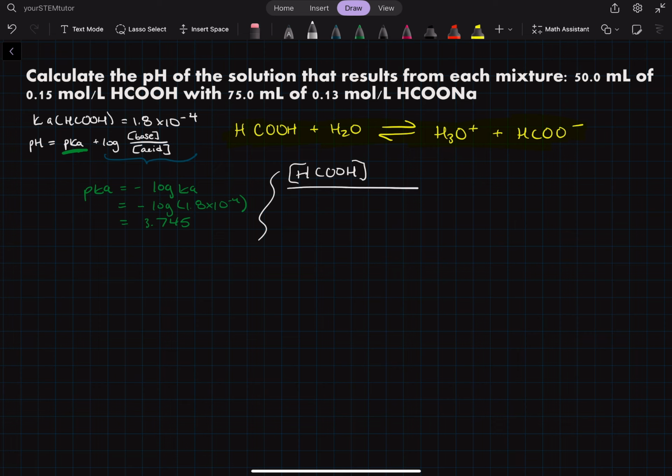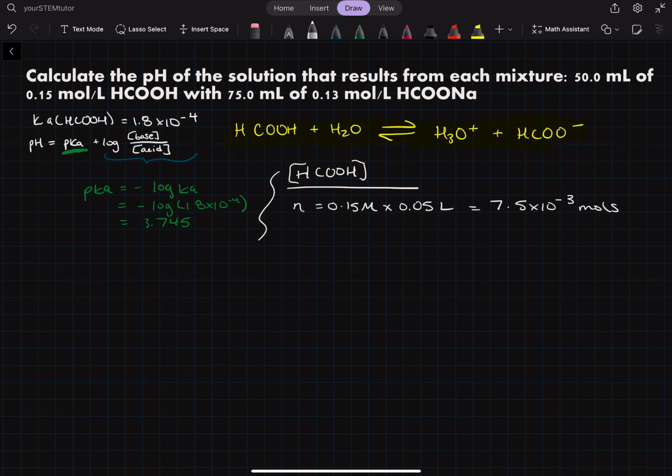So first we're going to calculate the number of moles. Our number of moles of acid is equal to 0.15 molarity times 0.05 liters, since it was 50 milliliters, and this gives us 7.5 times 10 to the power negative 3 moles.